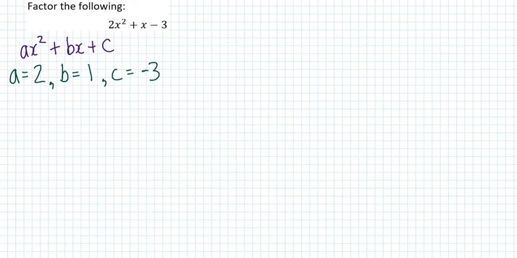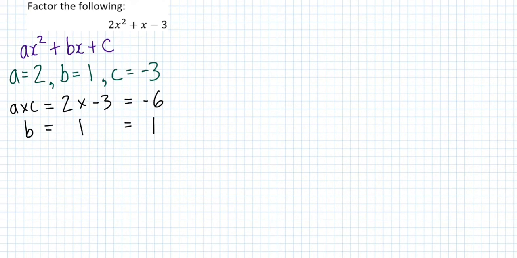Our next step is a times c, which we know is 2 times negative 3. That's going to be negative 6. And b, we just take along for the ride, is equal to 1.